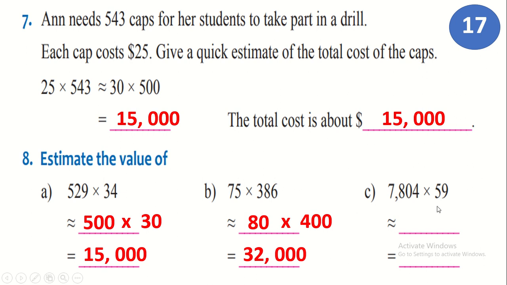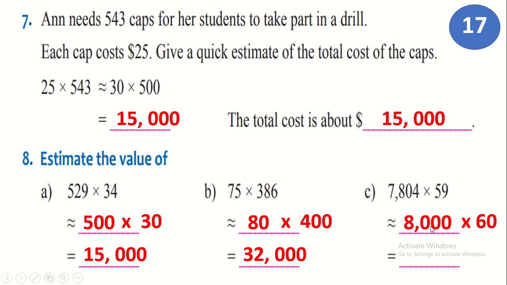Okay. Letter C. 7,804 times 59. Round off to the nearest thousand. 7 becomes 8. 8,000. Okay, nearest thousand. Times 59, we round off to, because this is 9, 60. Okay, students, now you have 8,000 times 60.